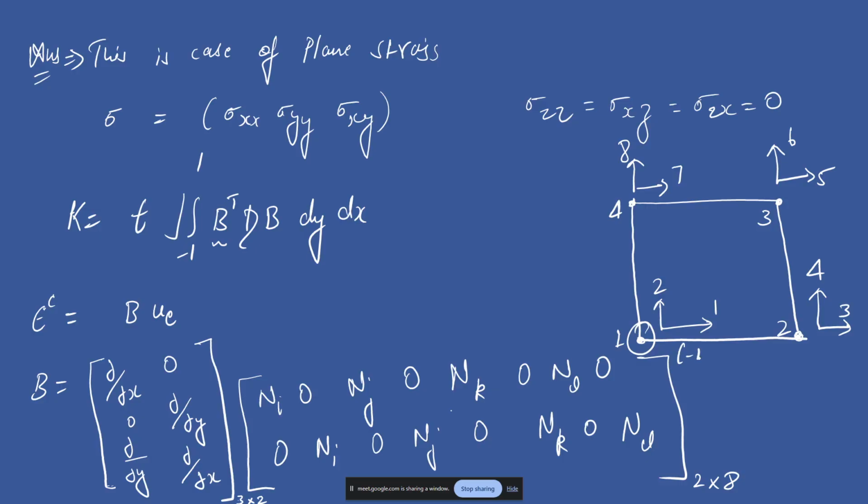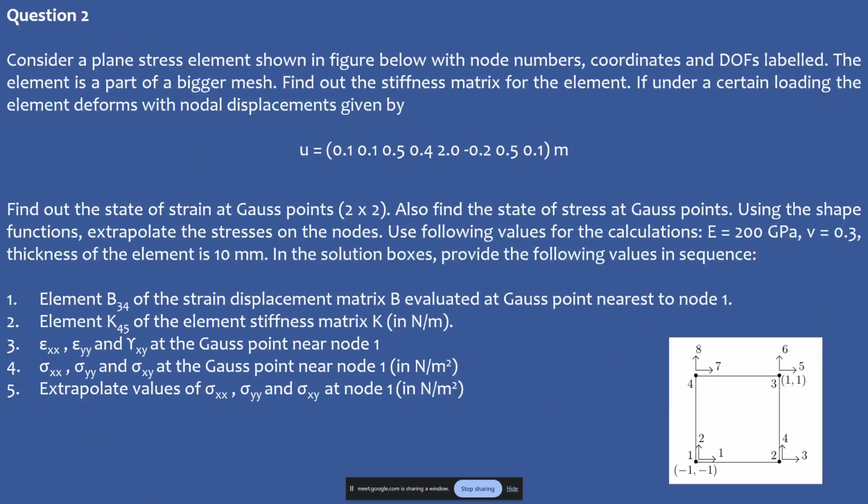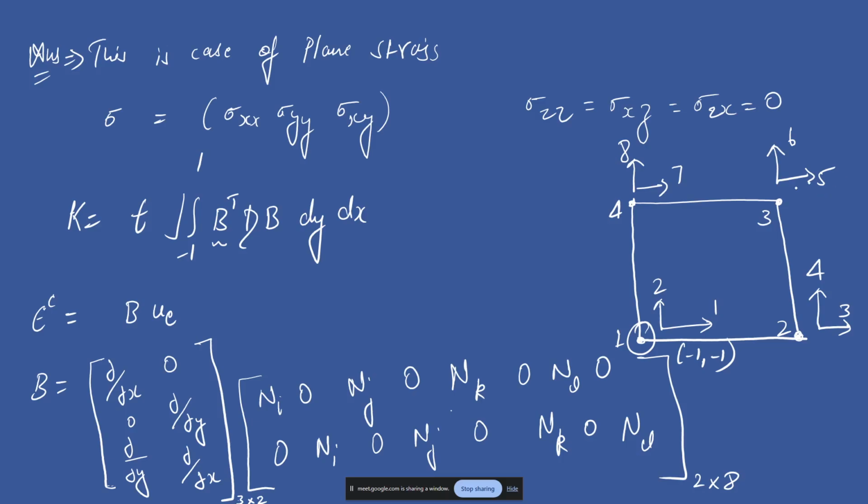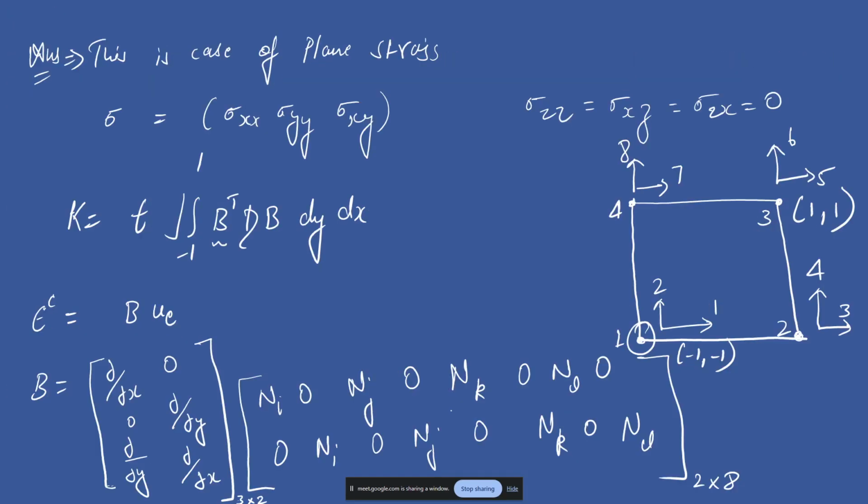The coordinate is minus 1 comma minus 1, right? And the coordinate of this node is 1 comma 1. N1 is minus 1 comma minus 1 and N3 is 1 comma 1.